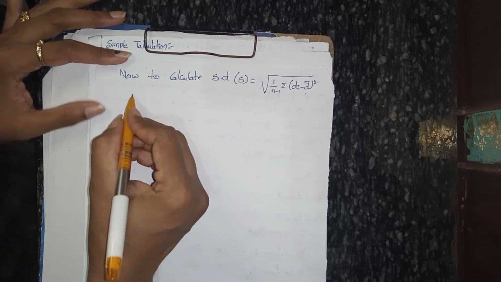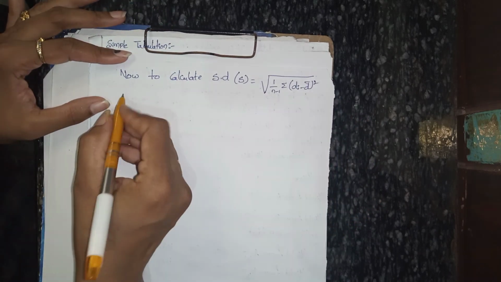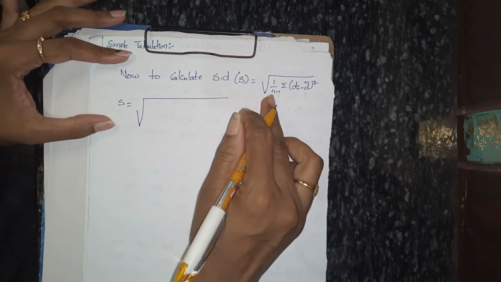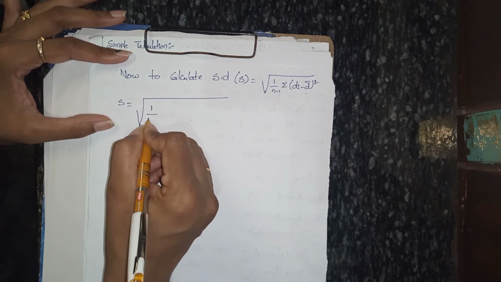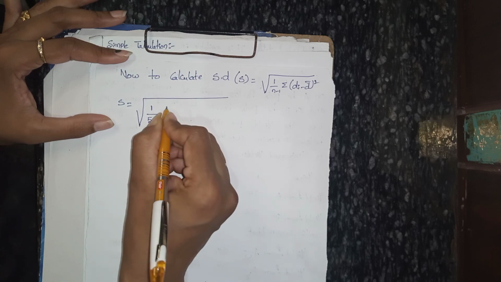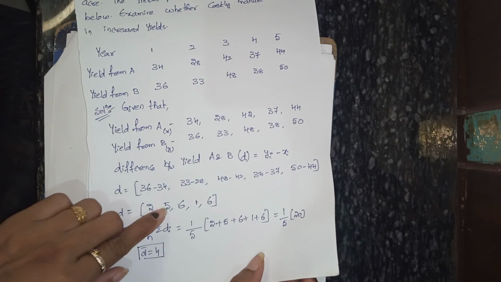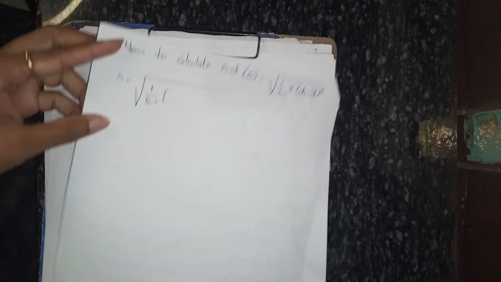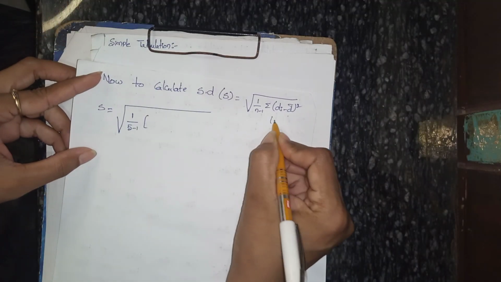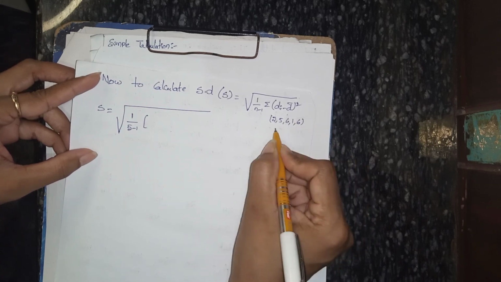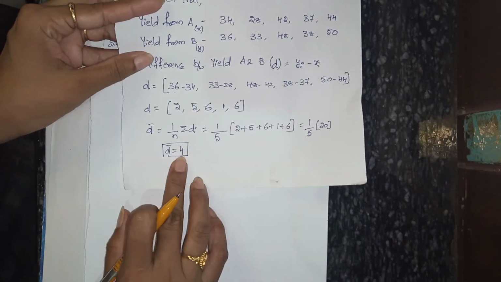S equals square root of, what is the n value? 5. 1 by 5 minus 1 into the di values. What are the di values? 2, 5, 6, 1, 6. The d bar value is 4.